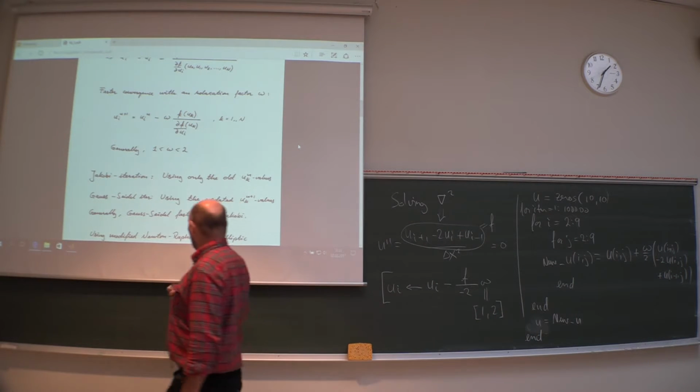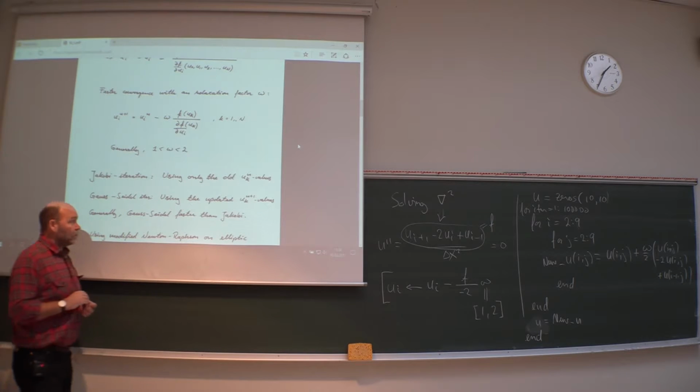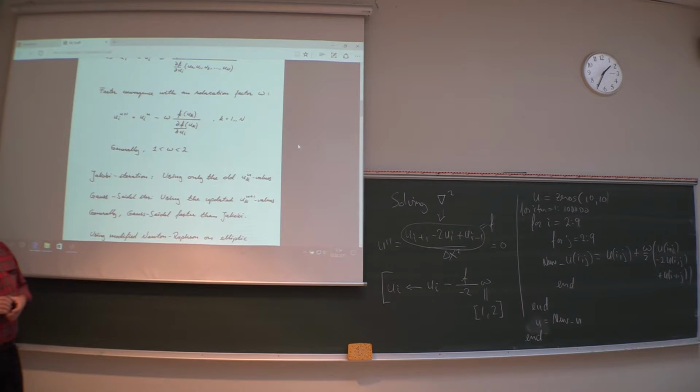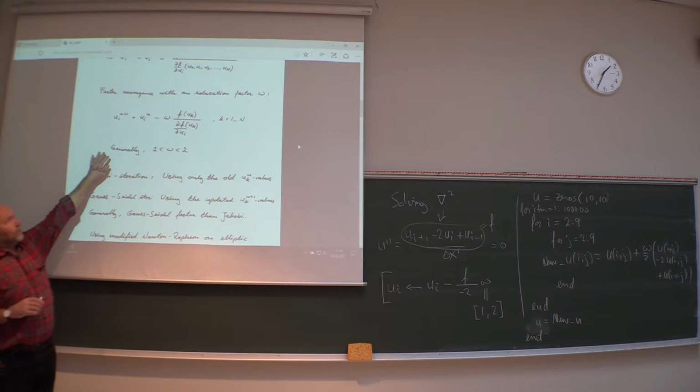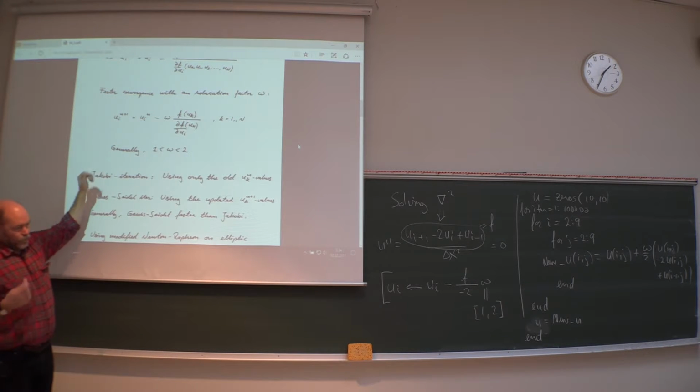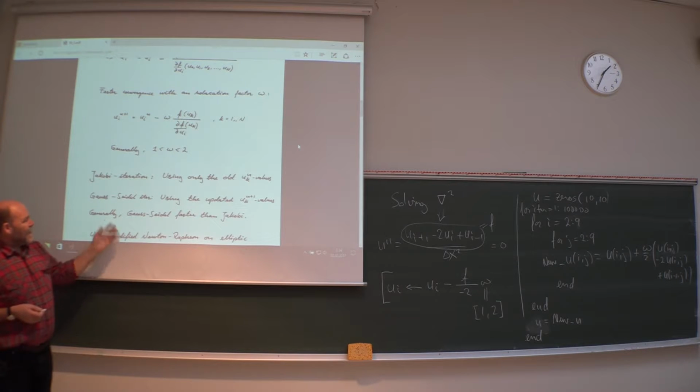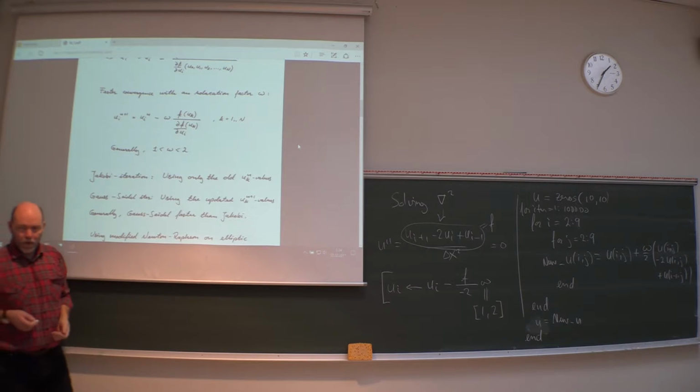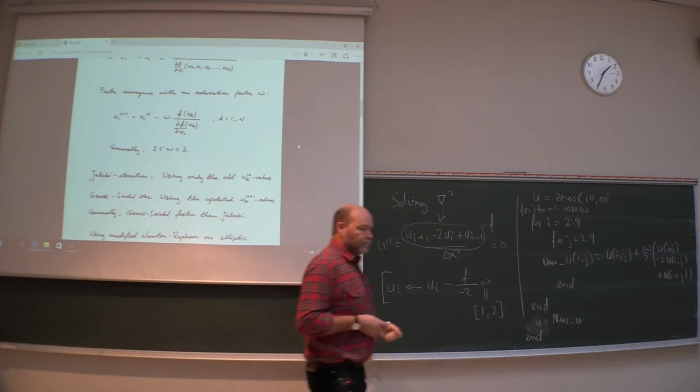Why is that so important? Well, we will see later when we try this using an omega, an over-relaxation parameter to speed up things. It has to be Gauss-Seidel. If you try that with Jacobi, it's going to blow up. Trust me.